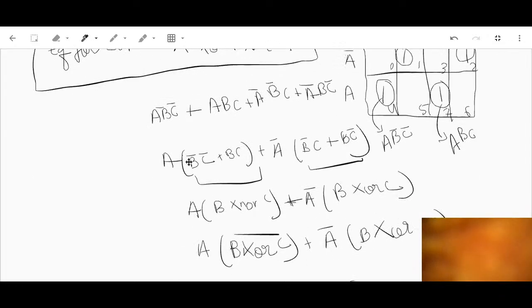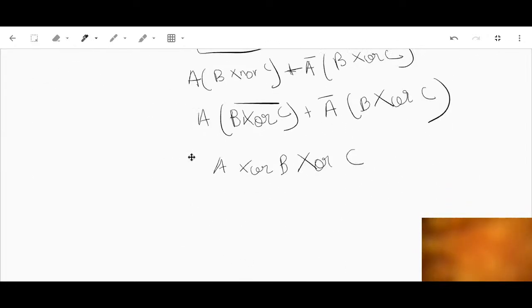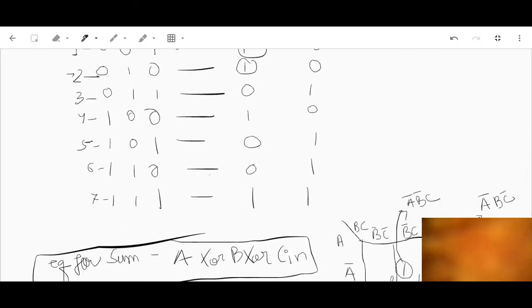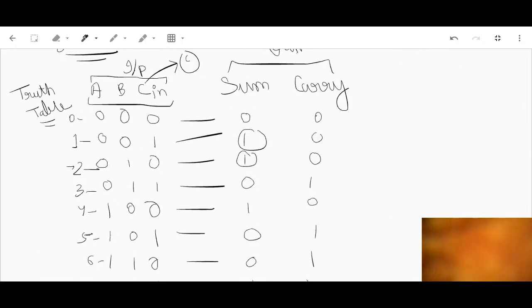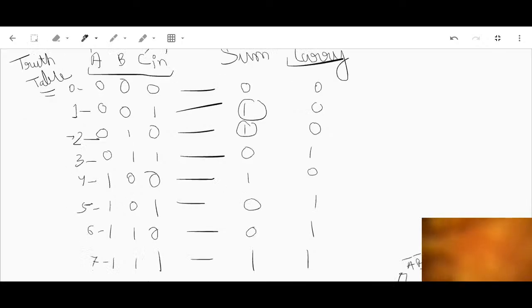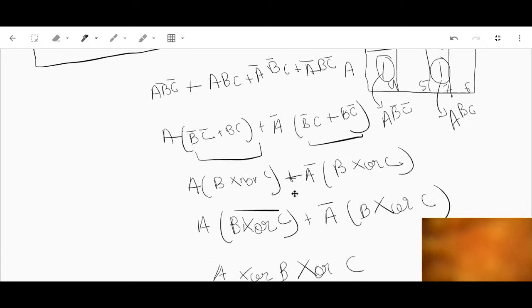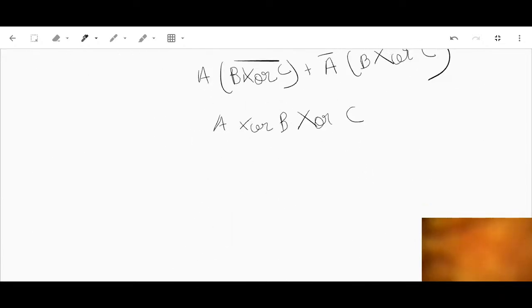And then we have to find the equation for carry, because this is the output left to find. Equation for carry.